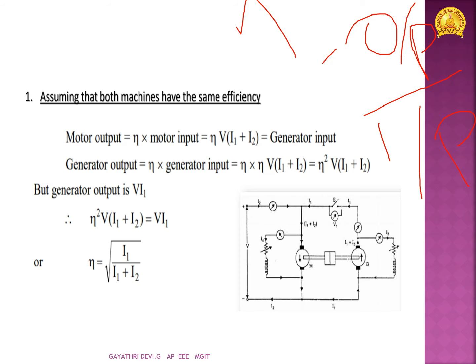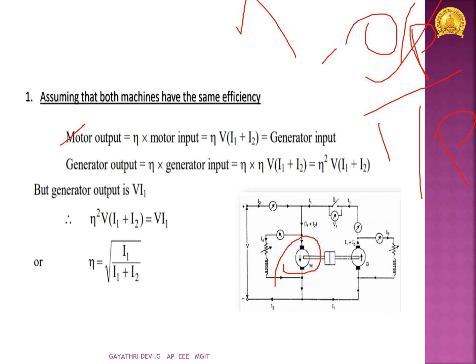So efficiency can be written as output by input. We know that output can be written as efficiency into input. The same function we apply here, so the motor output is equal to efficiency into motor input.